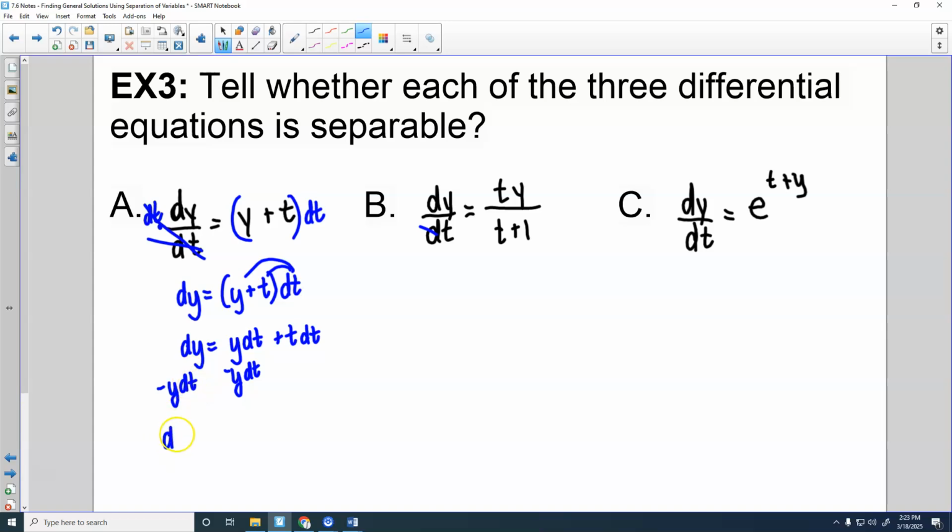So now you've got dy minus y dt. And have you separated your variables? You fixed your problem on the right-hand side, but the left-hand side has a dt that's not supposed to be there. So this one is just a dead end. This is not separable.